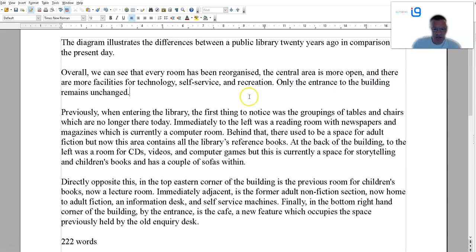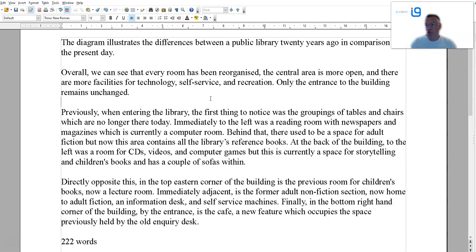Everything else has. So, as I start off here, previously when entering the library, first thing to notice, the tables and chairs, which are not there now. Immediately to the left, a reading room. Behind that, at the back of the building, directly opposite this, immediately adjacent, and finally.